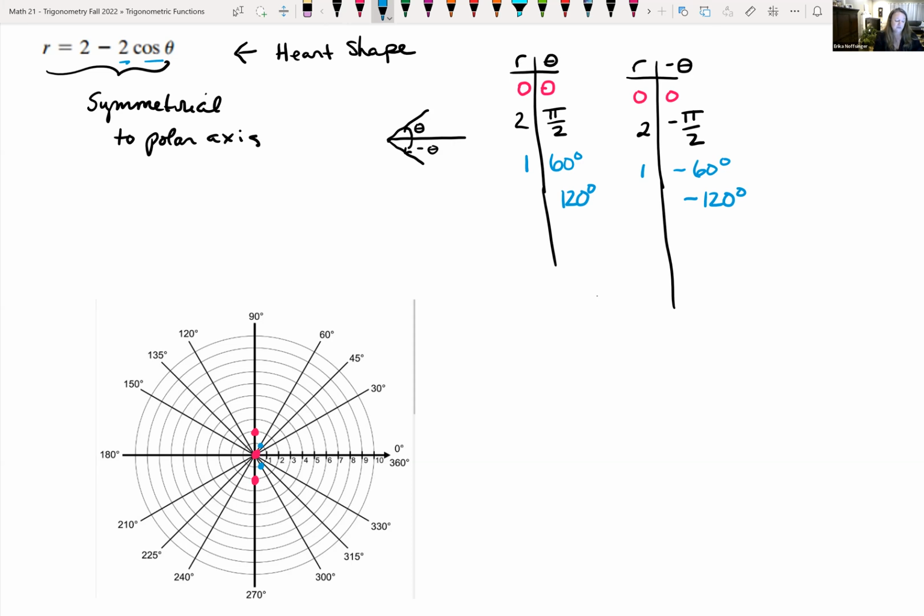So that's 2 plus 2 times 1/2, so that's 2 plus 1, which is 3. So at 120 degrees, I'm going to go up 3: 1, 2, 3. At negative 120, which is the same as 240, it is also going to be 3.